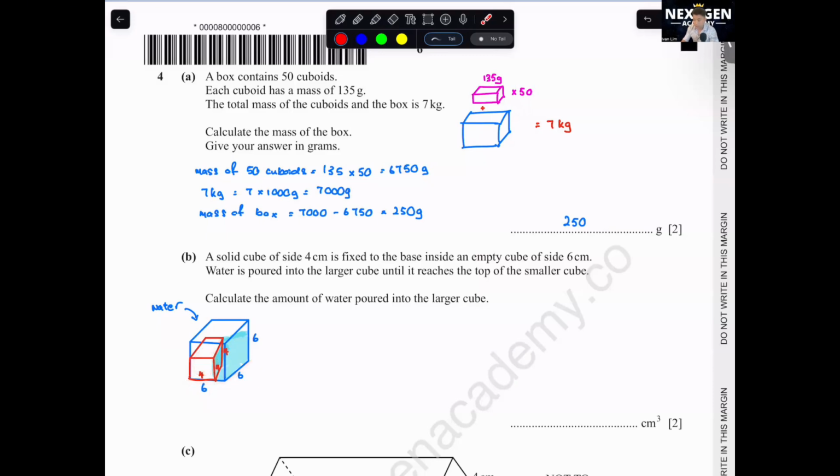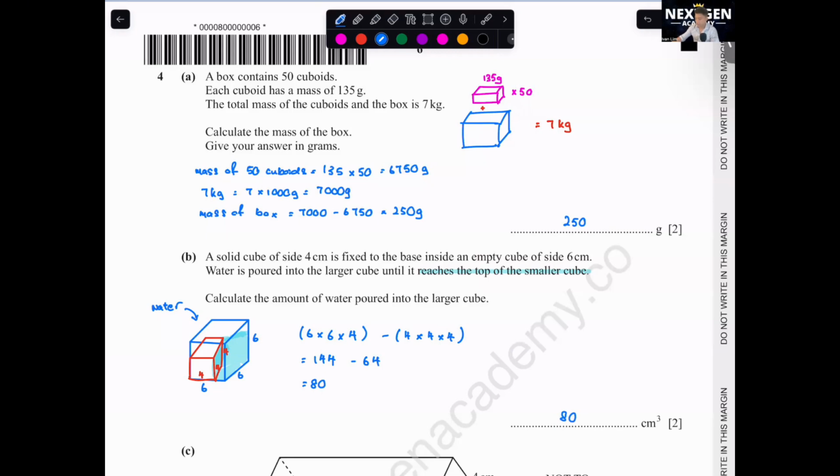So the big one is 6 times 6 times 4, then you need to minus off this 4 times 4 times 4. So 144 minus 64, because of the statement that it reaches the top of the smaller cube. So your answer will be equal to 80.